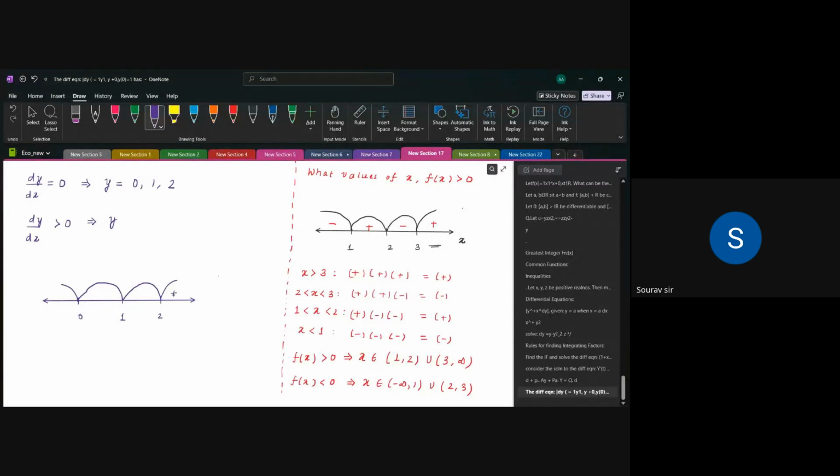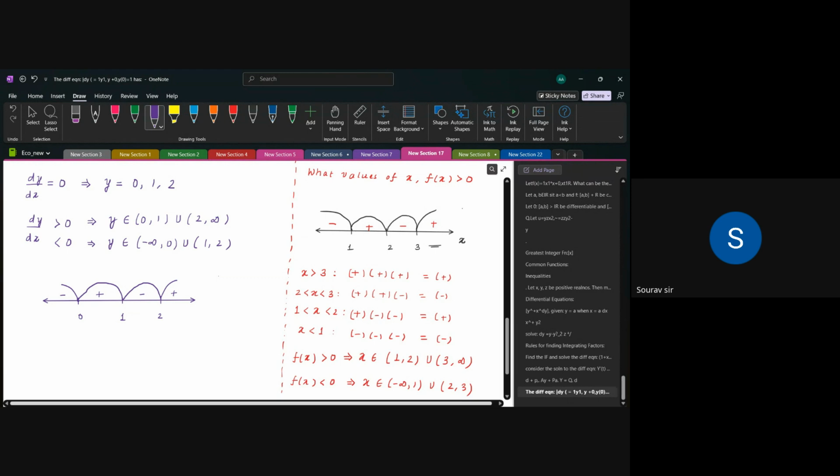So I put a plus over here, minus, plus, minus. So dy/dx will be positive. That implies y belongs from 0 to 1, union 2 to infinity. And dy/dx will be negative. That would give us y belonging from minus infinity to 0, union 1 to 2.